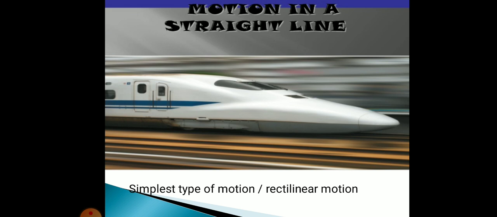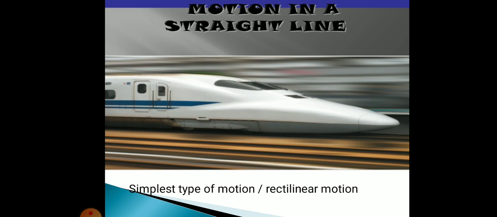We can describe the location of an object by specifying a reference point. Let us understand this by an example. Assume that a school in a village is 2 kilometers north of the railway station.